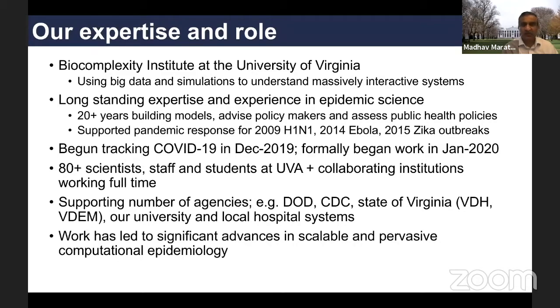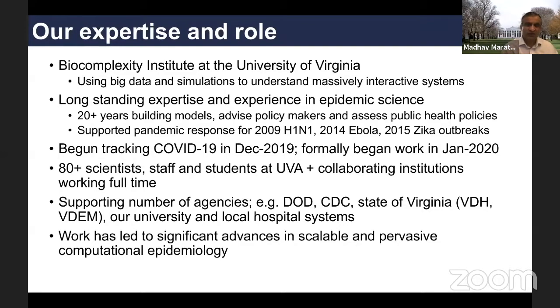We participated in the H5N1 scare. We then participated and actively played a role in the 2009 H1N1 pandemic. We were also part of a large team that supported the DoD and other federal authorities during the 2014 Ebola outbreak, and then finally the Zika outbreak.